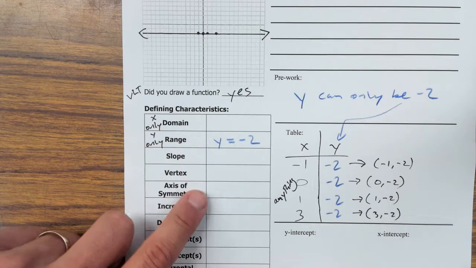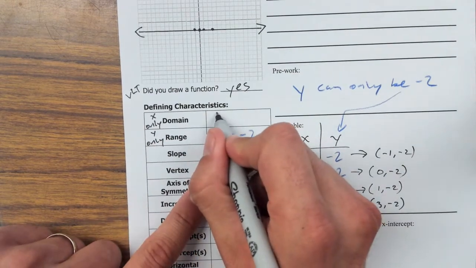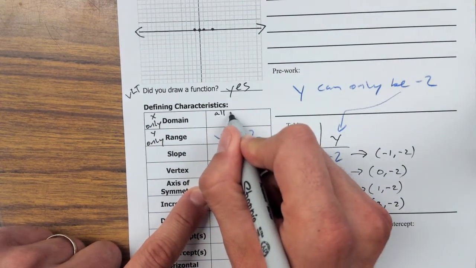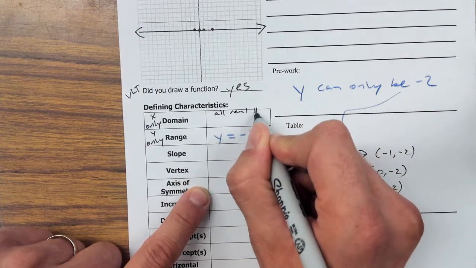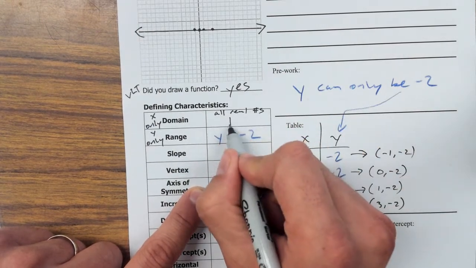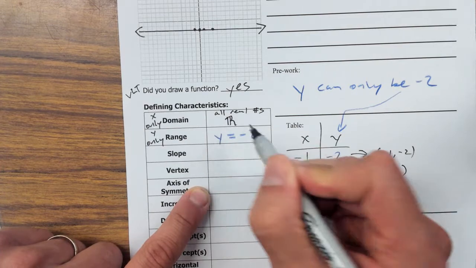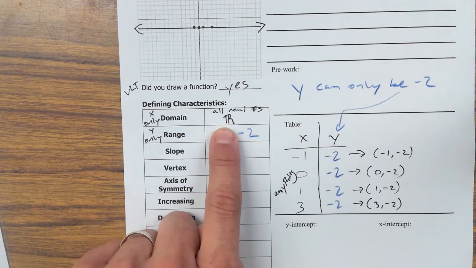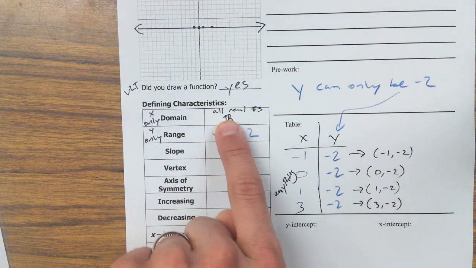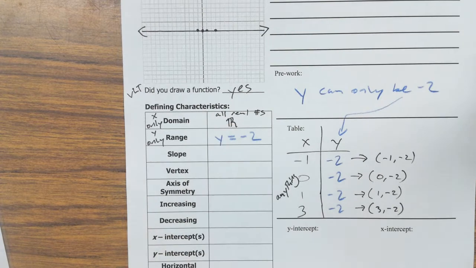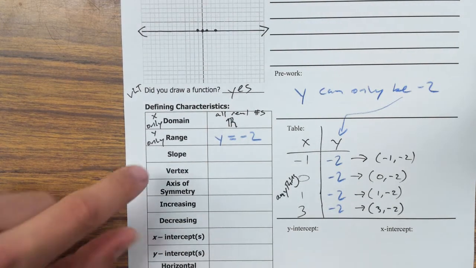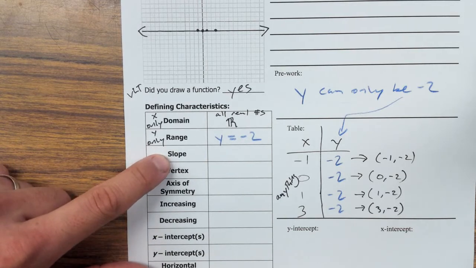Since x could be any number we can think of, the symbol for that is this backwards R with a slash off of its ponytail, a backwards baseball cap.